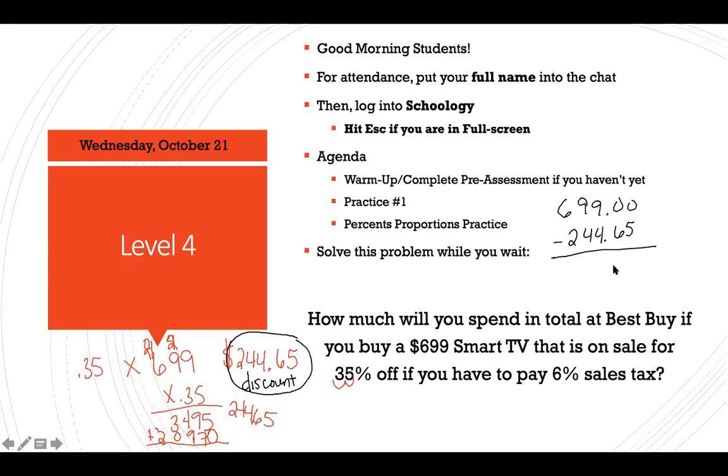So basically when you subtract it down, it'll be $454.35. I get that one. That's right. Okay, so now this is my sale price for my TV.